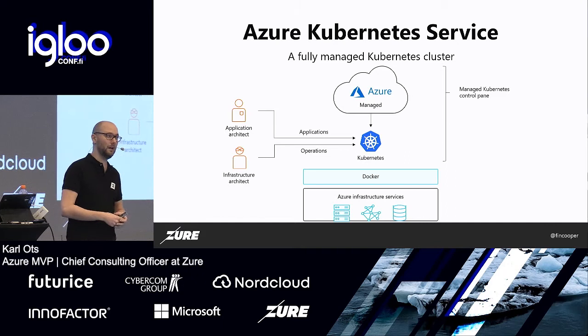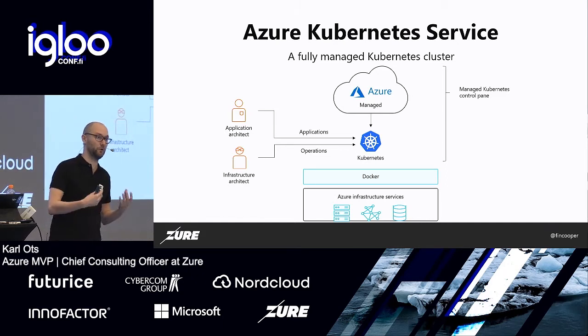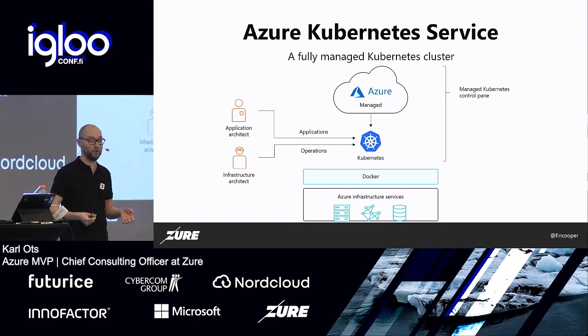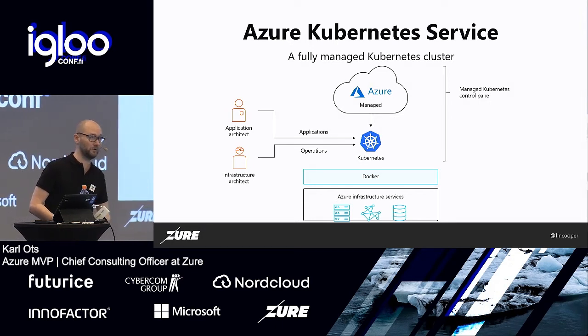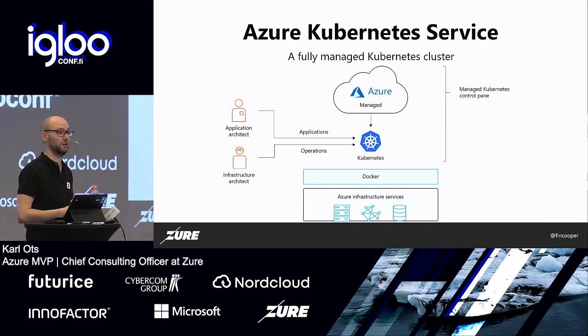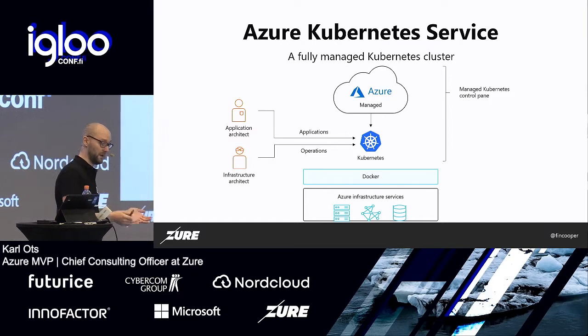All of that is hosted in a cluster of virtual machine infrastructure that is managed by Azure Kubernetes Service. So this means that our application architect just tells Kubernetes, please spin up this new service for us, and Azure makes sure that there is a relevant amount of virtual machine capacity available.